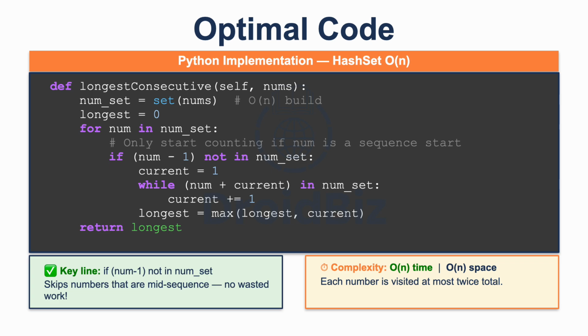Line 9. After visiting all numbers, we return longest. The magic is in that one check, number -1 not in number_set. It means every sequence is counted exactly once from its true start. Each number is visited at most twice, once in the outer loop and once in the inner while. That gives us true big O of n time.